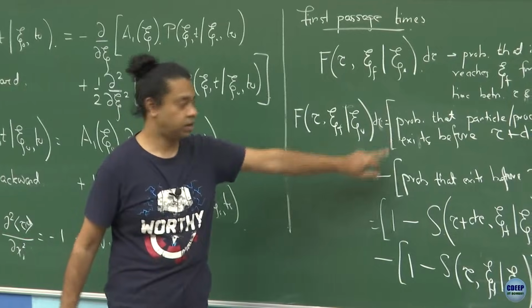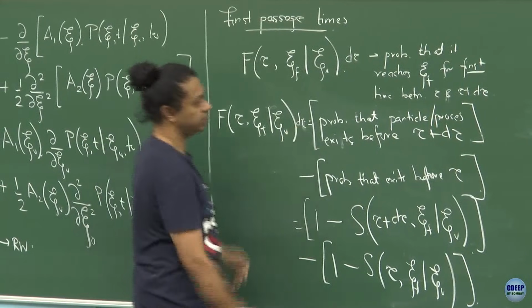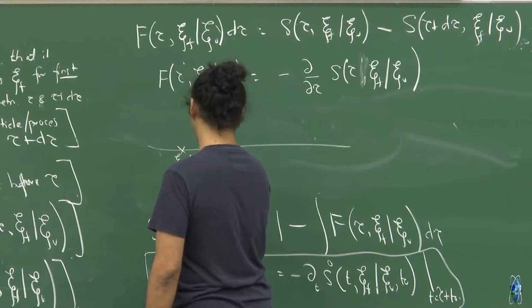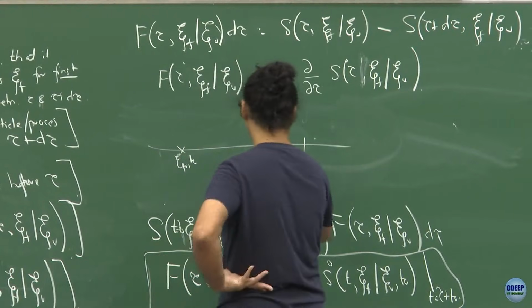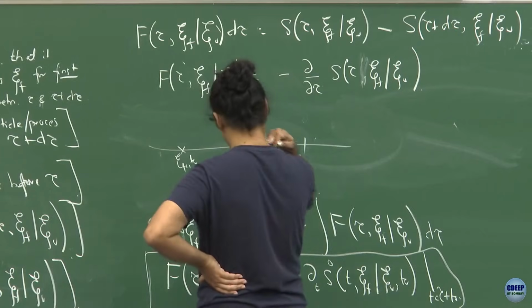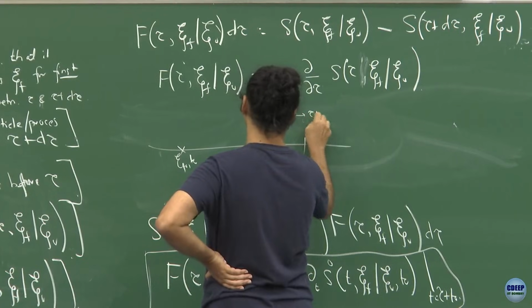So this is the probability that I am reaching xi_f, started from xi_0 at time t_0, and I say that I have reached this in the time interval between tau to tau plus d tau.